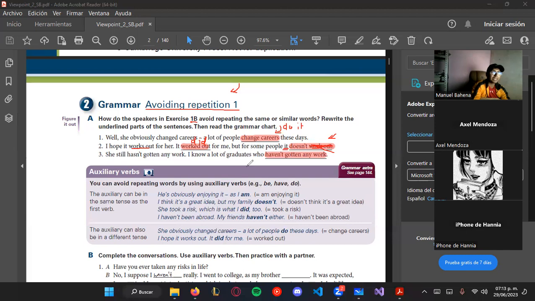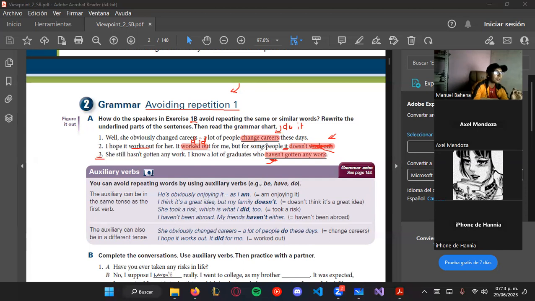But read it, please. Teacher, can you repeat what we can do? I don't understand. What do we have to do? ¿Qué es lo que tenemos que hacer? Yes, of course. You have first to read the sentence. And then this part that is underlined, you have to change it so you don't repeat the same thing.